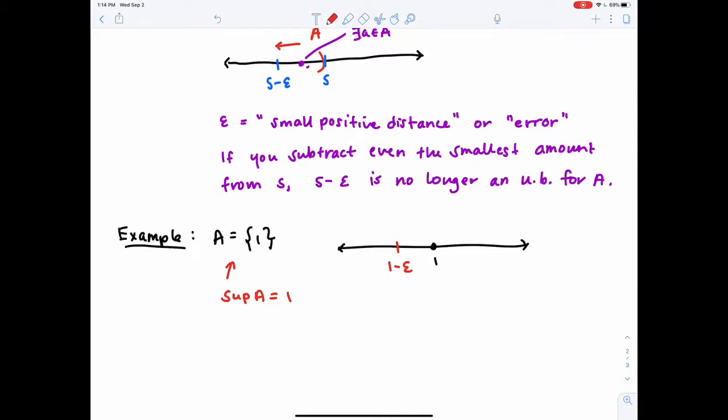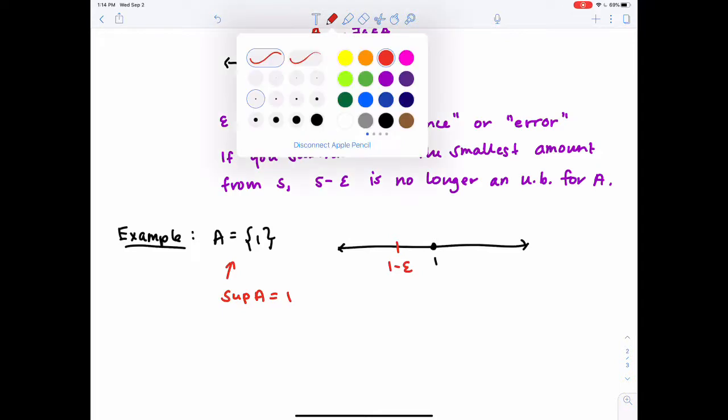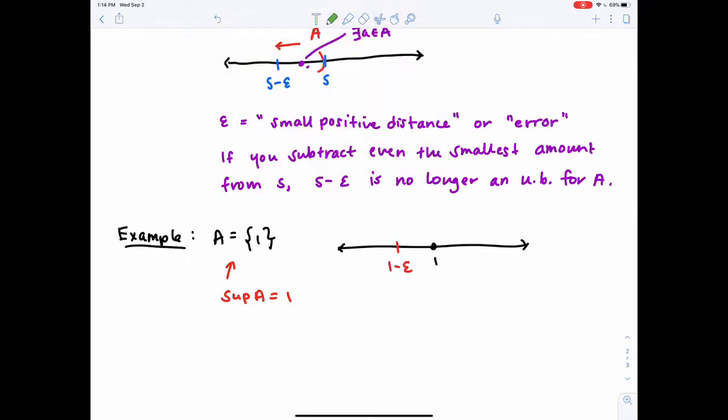Now, since it is the supremum, it's going to have to meet the conditions of the lemma, which says whenever you make S even a little bit smaller, you should be able to find a little a that's bigger than it. Well, remember what little a is. Little a is supposed to be an element in your set. You only have one element in your set, so there's only one candidate for this. So here, a equals 1, which is also the sup of the set.